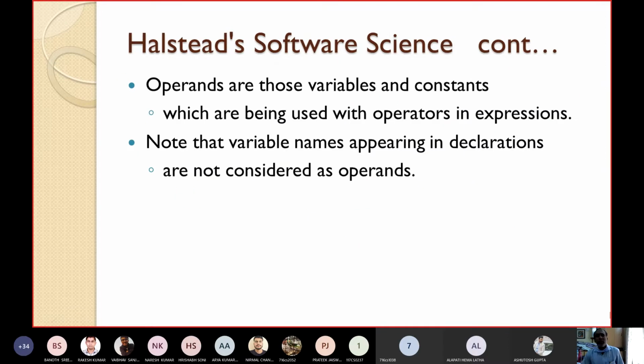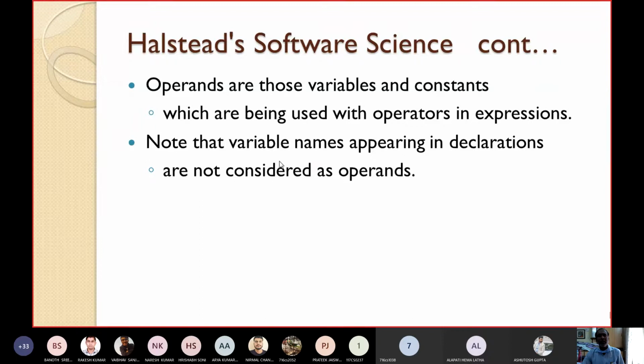Now let's see what will be operands. Operands are those variables and constants which are used with operators in expressions. So in expressions, if you are using some variables and constants, they will be treated as operands.